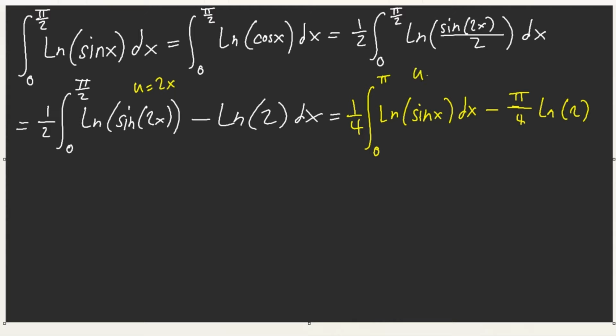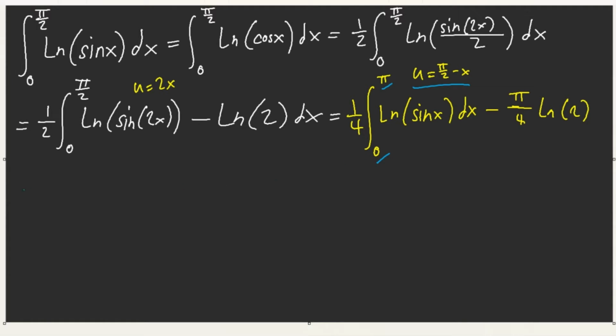Now you're probably thinking, Silver, what the hell are you doing? Why are we doing this when our bounds are from 0 to pi? What I'm doing is creating a symmetry. I'm going to make this pi over 2 and make this negative pi over 2.